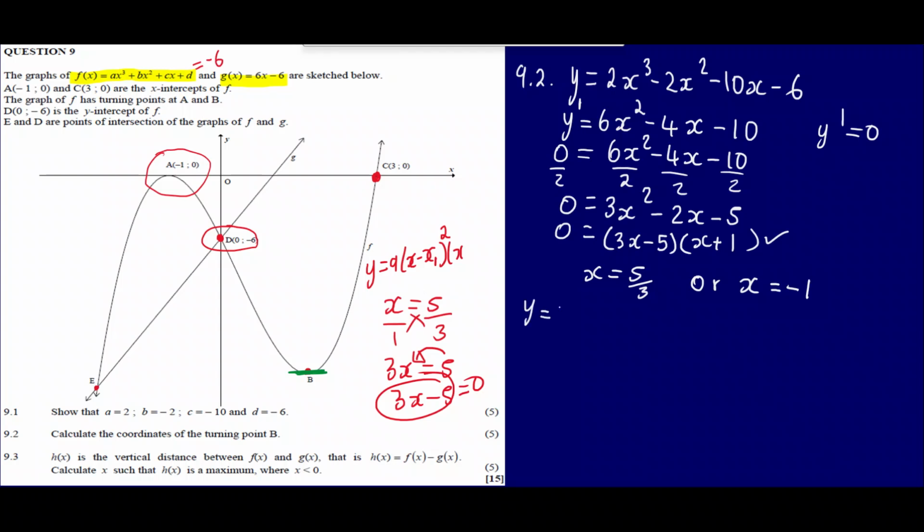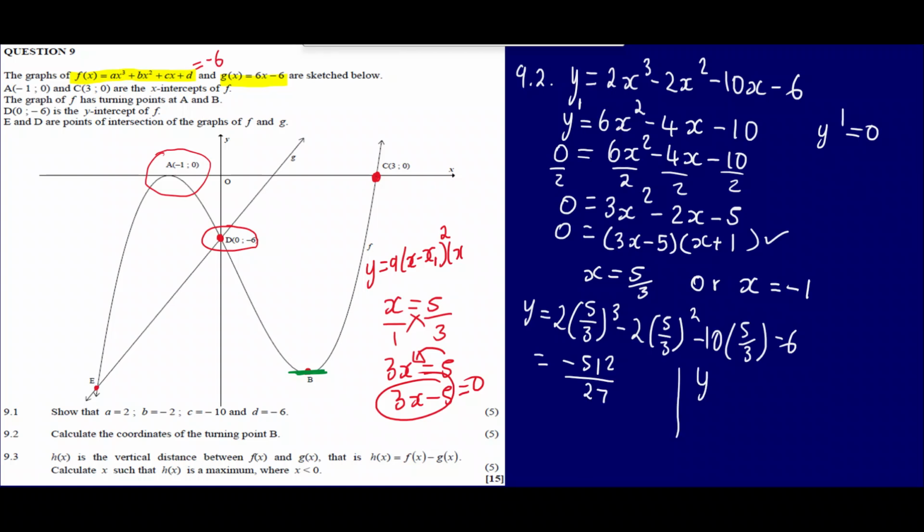And I think that for the coordinates of the turning point, we will take this and substitute into the original formula. So we'll have 5 over 3 cubed minus 2 times 5 over 3 squared minus 10 times 5 over 3, then minus 6. We'll get that the value for this one is going to be minus 512 over 27.